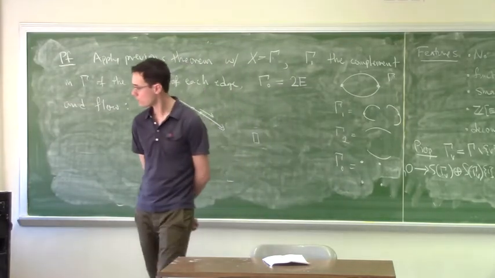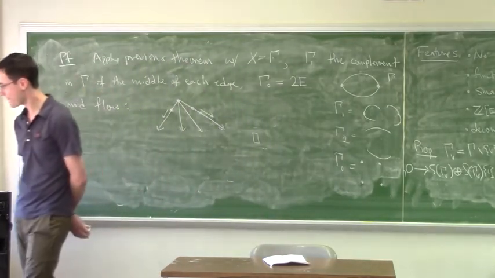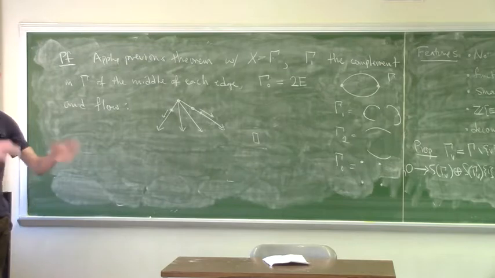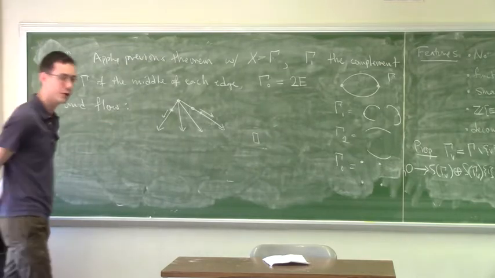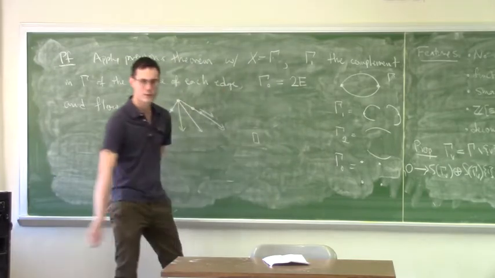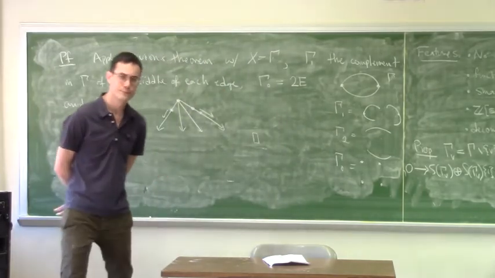You need some kind of stronger version of the cellular approximation theorem with flows. Do they use Morse theory techniques to prove their theorem? No, I don't think so. Except, I think they use that manifolds admit handle decompositions, but that's in the background. It's under the hood. I don't think they explicitly use Morse theory at all. Yeah, I don't know. That's another interesting question. I don't know the answer.